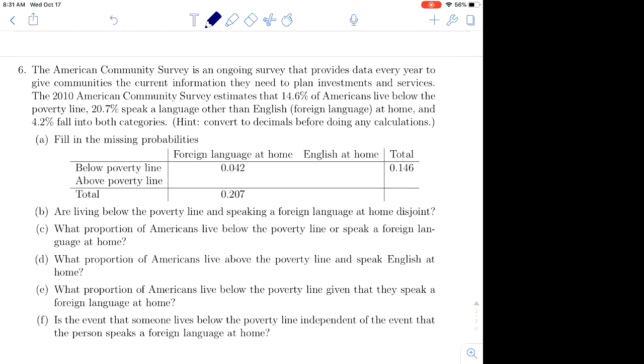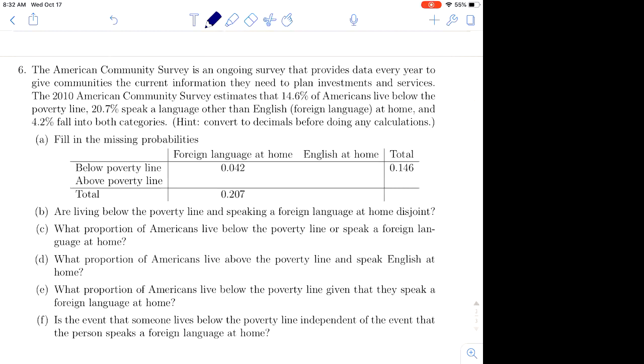Okay. So if you're given percentages, we're first going to convert them to decimals, and then do our math with those decimals. The first thing I did is take those probabilities that we've been given and enter them into this table. And first thing I want you to do is fill in the missing probabilities. The grand total here, so the sum of this one plus this one, has to be 1, and the total of this one plus this one has to be 1.